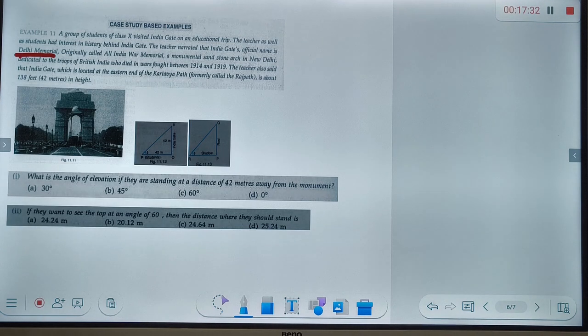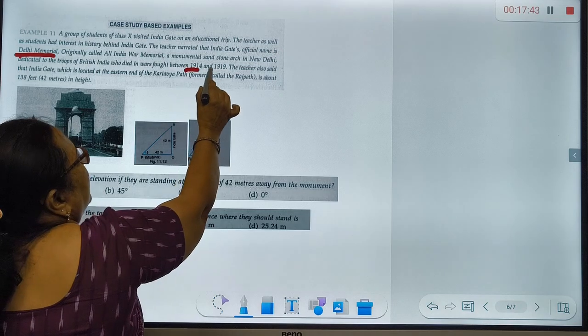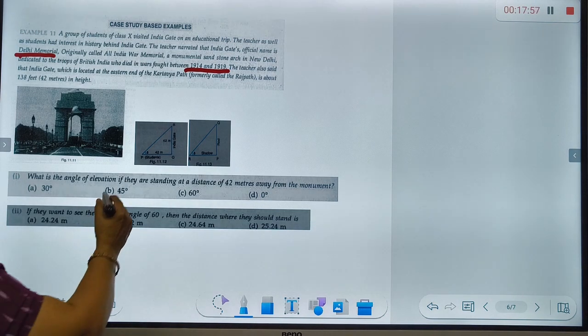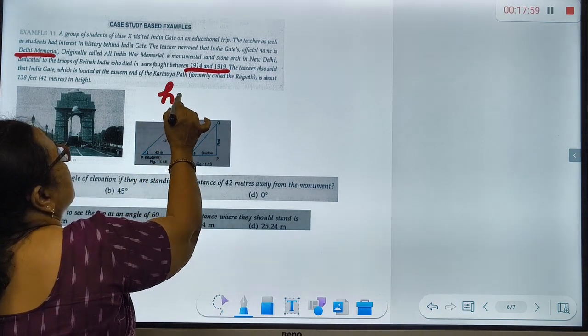It's a monumental sandstone arch in New Delhi, dedicated to the troops of British India who died in the wars between 1914 and 1919. The teacher also said that India Gate is located at the eastern end of the Kartavya Path, formerly called the Raj Path. It is about 42 meters in height. So what is the height of India Gate? 42 meters.